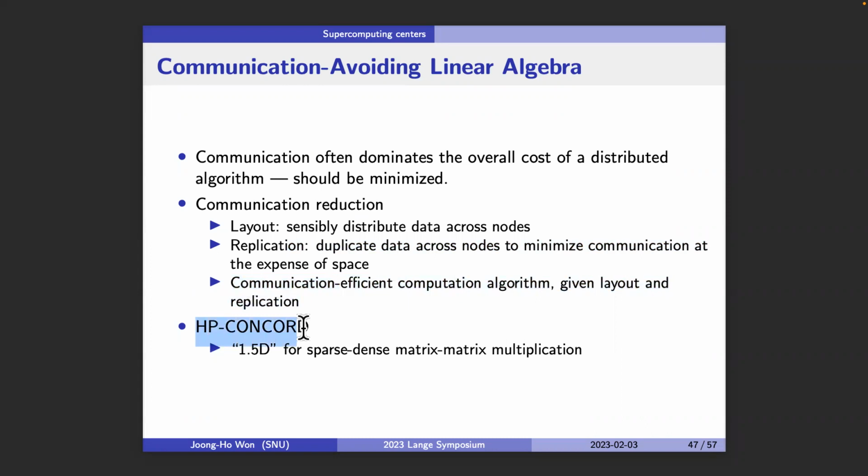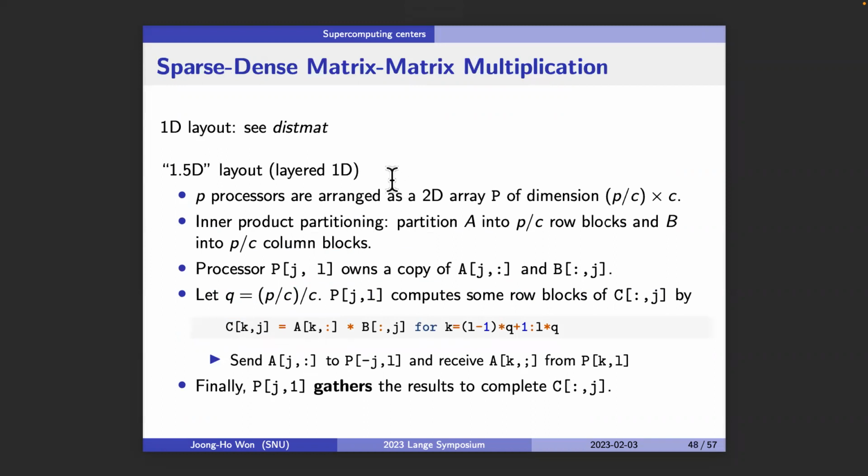So for HP-Concord, the so-called 1.5D layout is used, which is basically a layered version of the 1D layout that you see in this map. In the 1.5D layout, P processors are arranged as a 2-dimensional array instead of a 1-dimensional array as in the 1D layout. But the dimension is P over C times C. Here, C stands for copy, so you basically copy data.